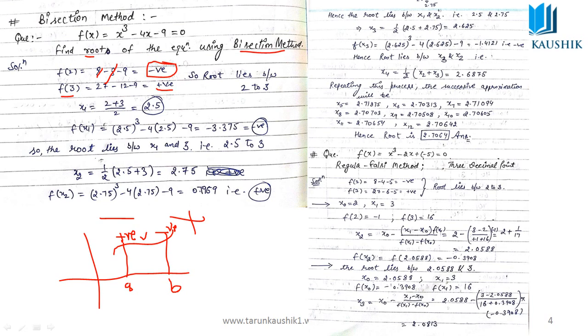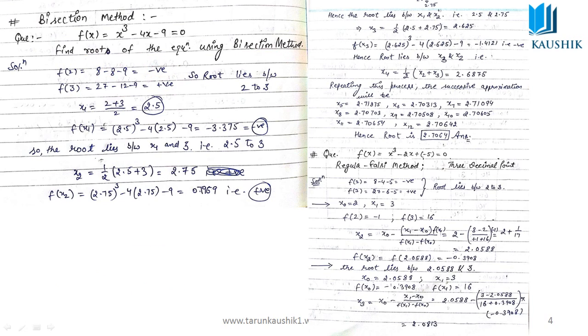So there must be a root lying between 2 and 3. I am assuming this is my point 2 and this is my point 3.